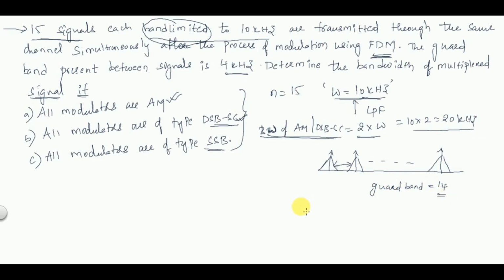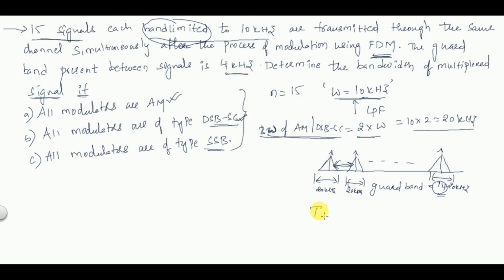The bandwidth of each AM signal is 20 kilohertz, 20 kilohertz here, 20 kilohertz here, and so on up to all the 15 signals. The number of guard bands is 14, and each guard band is 4 kilohertz.